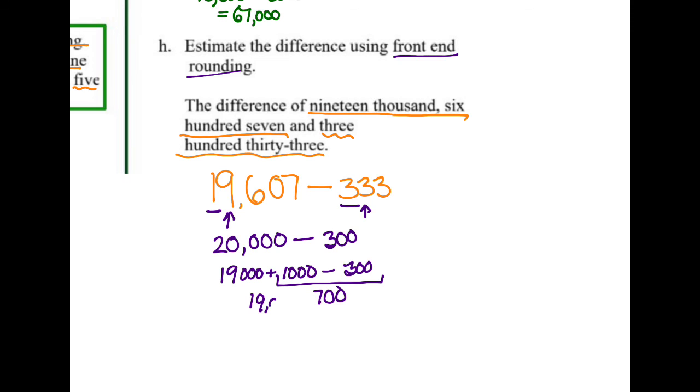So 19,000 plus 700 is 19,700. And again, because we haven't done the subtract algorithm, that's quite a bit of work for estimating. And if you had a choice, I just wouldn't choose to do it that way because it's a mess.